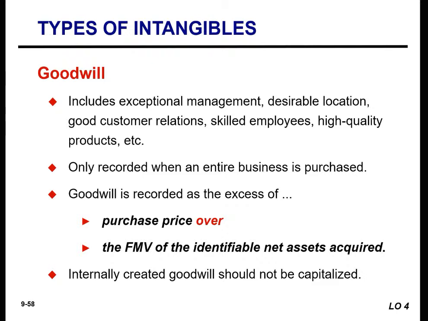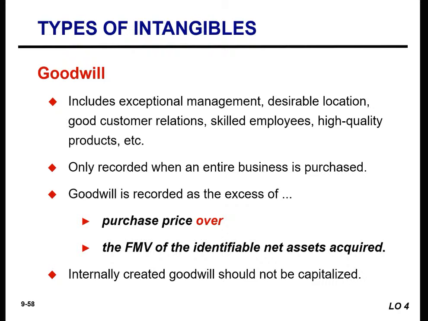And it is the excess of the purchase price over the fair market value of the identifiable net assets that were acquired. So if your net assets fair market value is $10,000 and you pay $100,000 for the organization, it has $90,000 of goodwill.